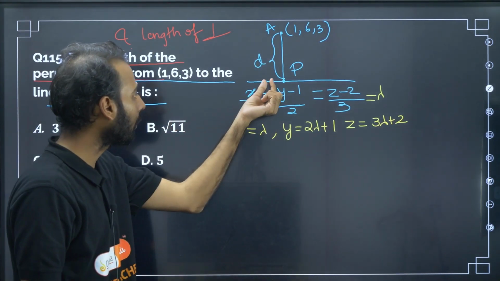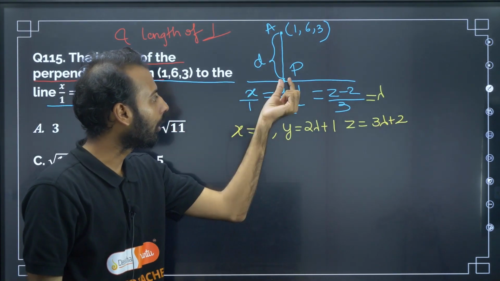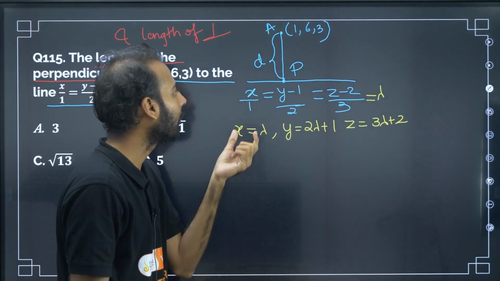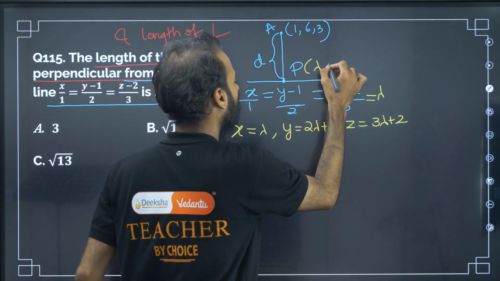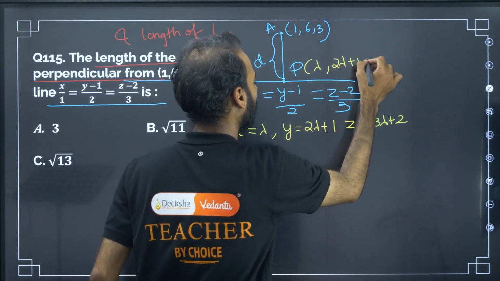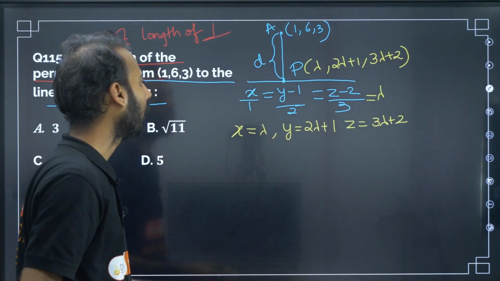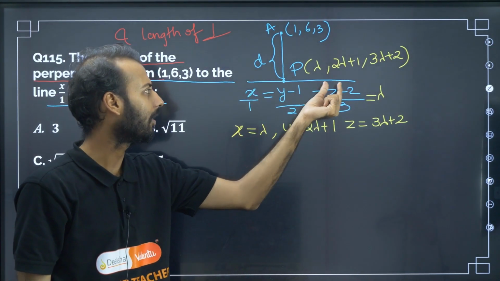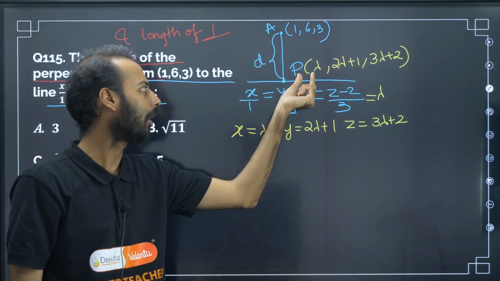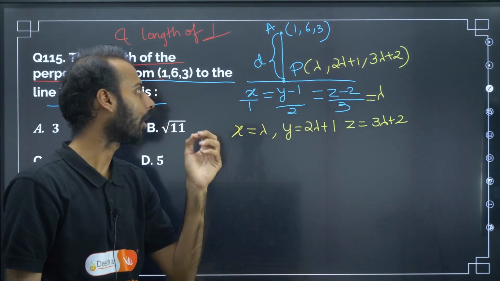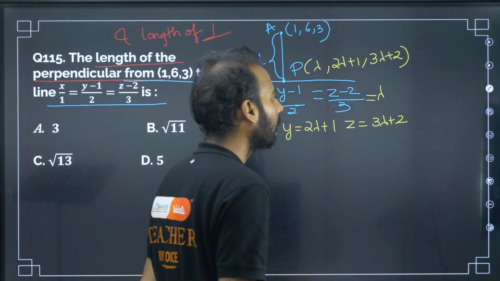Any point P on this line will be in the form of lambda, 2 lambda plus 1, 3 lambda plus 2. So I am assuming that P is of this form.